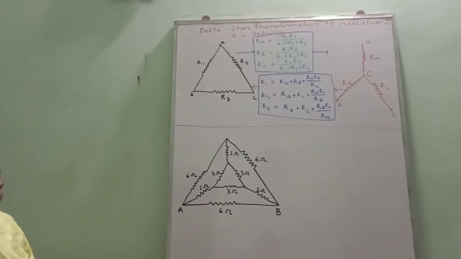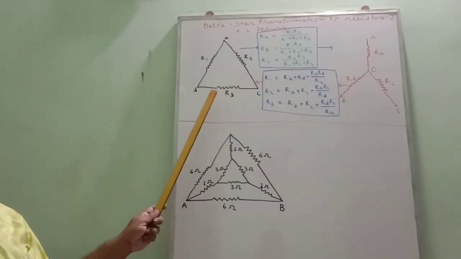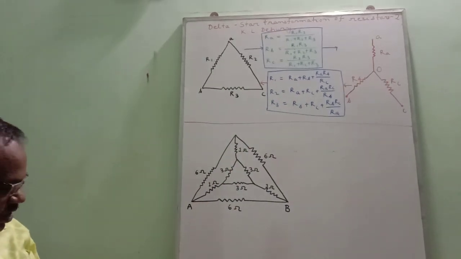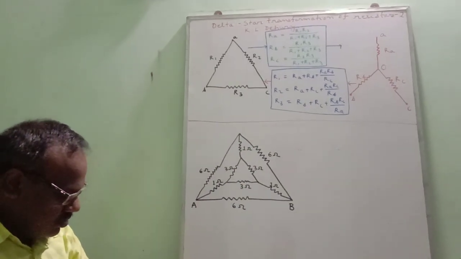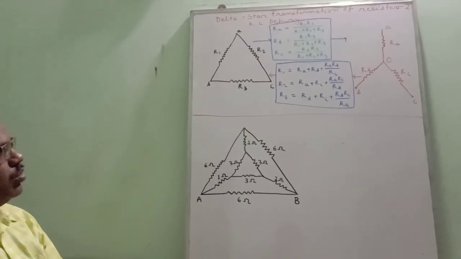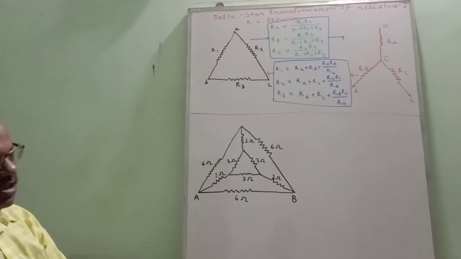And if you want to transform from star to delta, this is the transformation equation. And we have solved one question in which there are two delta.